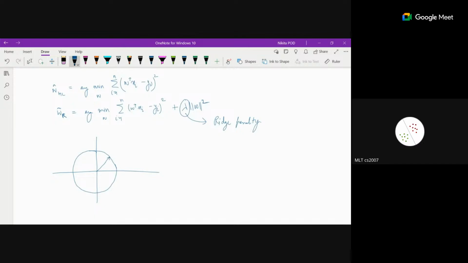So this is my W hat R, and let's say this is my W hat ML. Doing some maths, we had obtained these elliptical contours around this W hat ML. And what we had said is that the point where this contour touches the circle is where we obtain our W hat R, the W hat ridge solution.